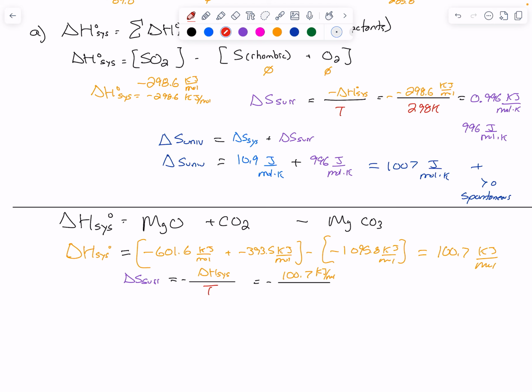Temperature is 298. That looks like our surroundings would be negative 338 joules per mole Kelvin.